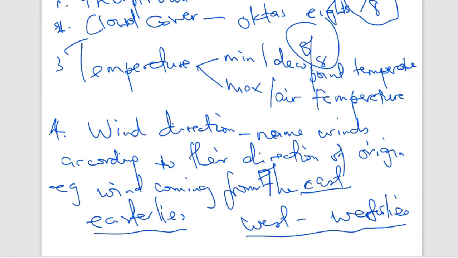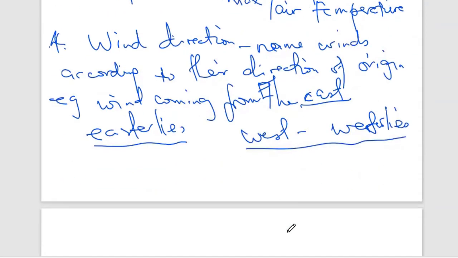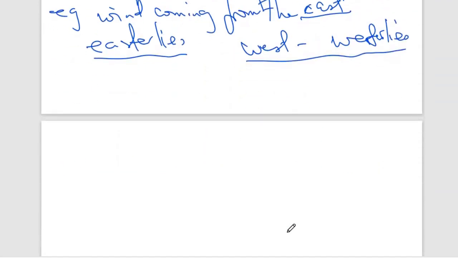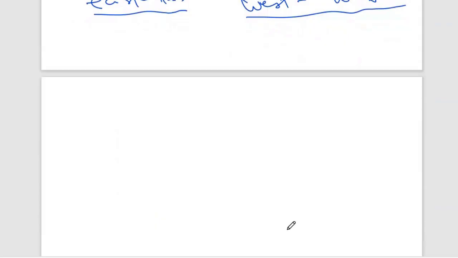So there is a way of indicating wind direction on the synoptic map. When I'm summarizing the weather elements, I'm going to show and give some details on how the wind direction is portrayed on the synoptic weather map. Right, we move on to other aspects like wind speed, as we had noted there.